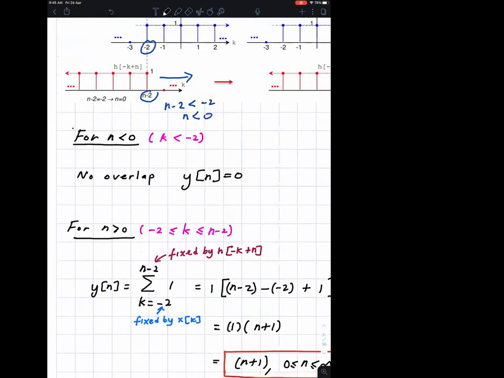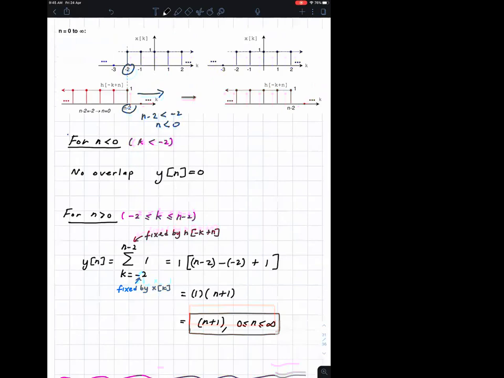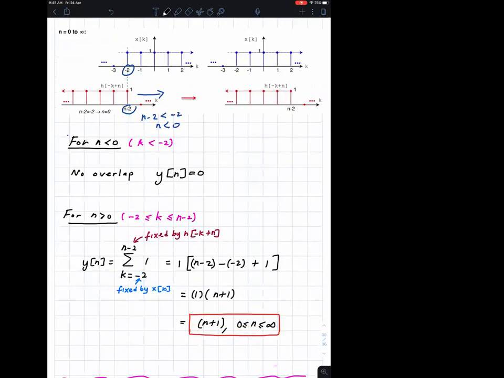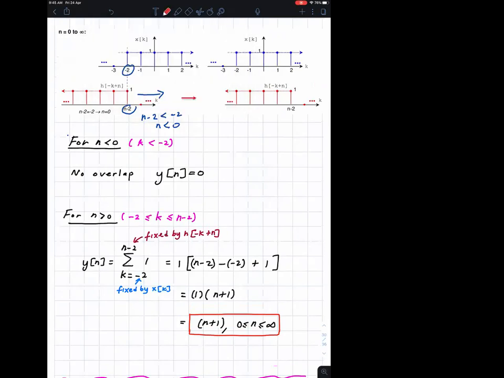Are you guys okay? Yes, sir. For n greater than 0, you start to slide in. You keep sliding in, and the important point to note here is that it's going up to infinity, right? So you're going to continue to slide to the right up to infinity.